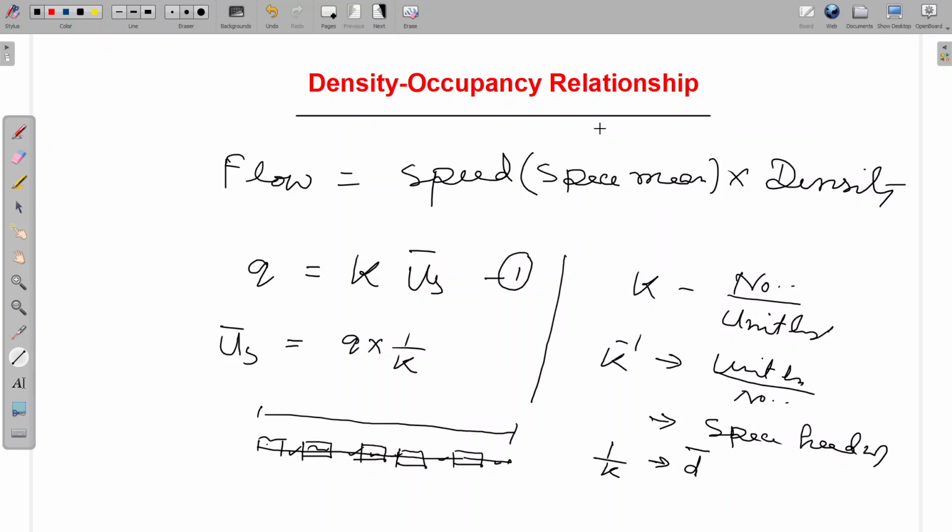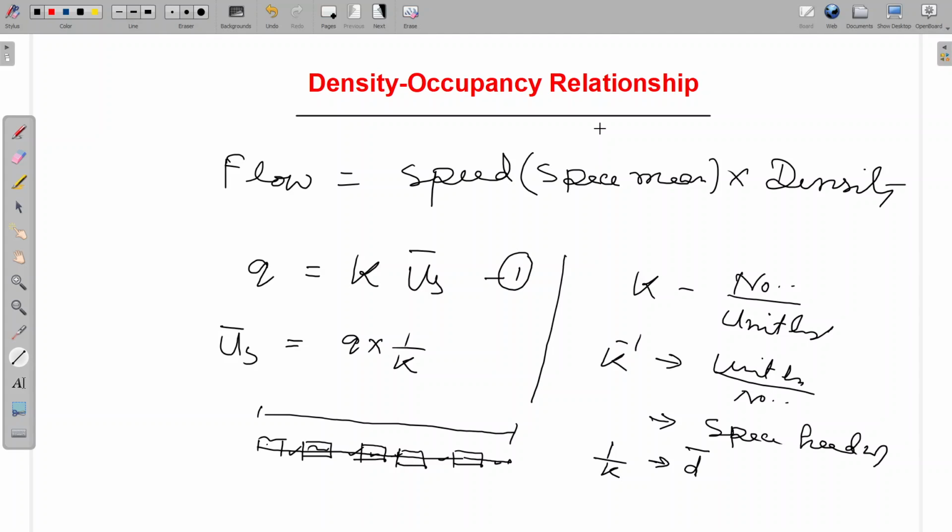If you do not know, just very quickly, I am reminding you what is flow. Flow, in simple language, is the number of vehicles crossing a section per unit time. What is the speed? Speed is basically distance covered over time. What is density? Density is the number of vehicles over a unit length.